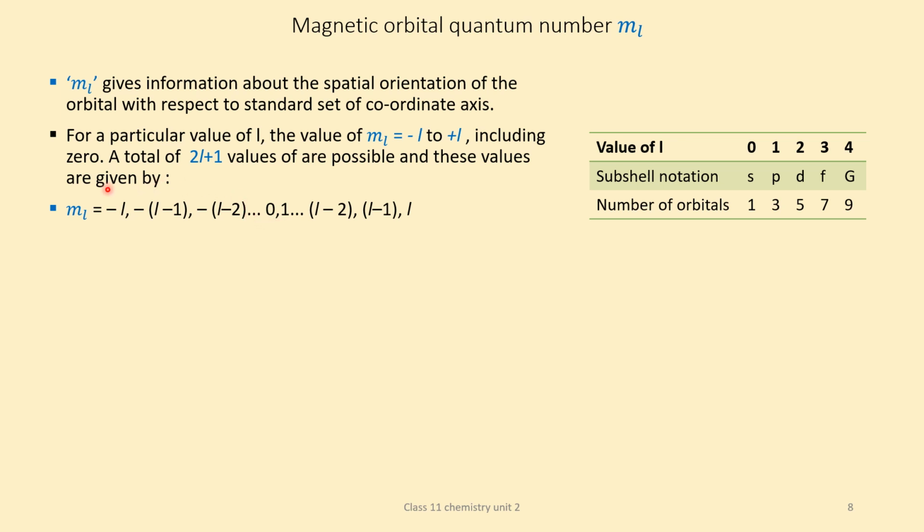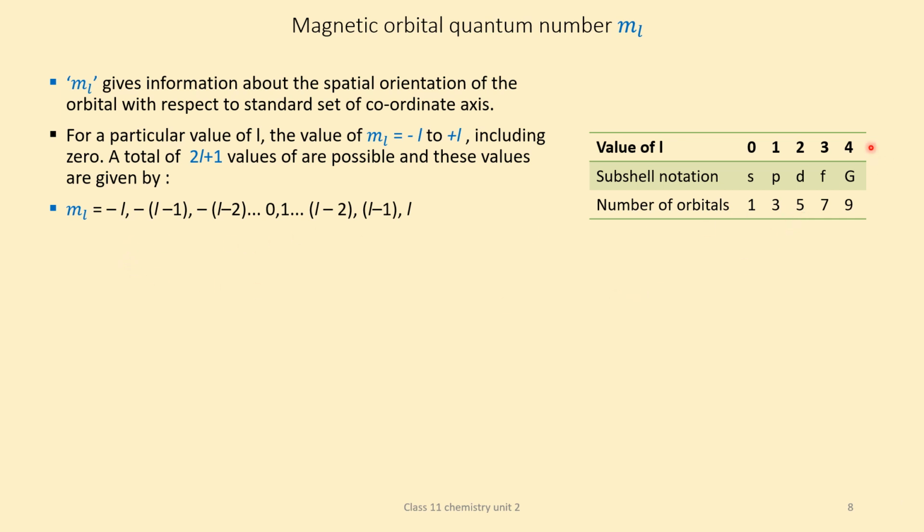These are all negative numbers and the right side of 0 are all positive: 0, 1, etc., L minus 2, L minus 1, etc. Say for example, if the value of L is 2, then we have values varying from minus 2 to plus 2, that is minus 2, minus 1, 0, plus 1 and plus 2. So altogether there will be 5 orbitals.